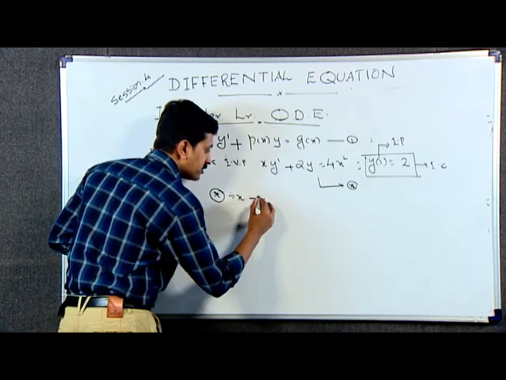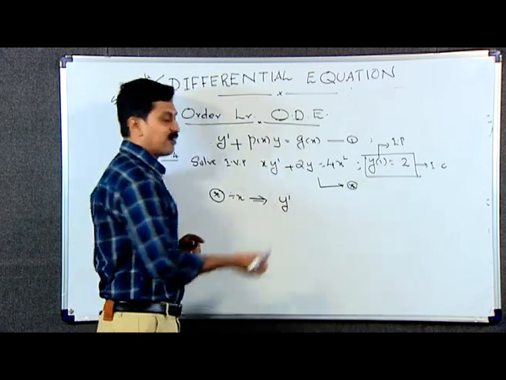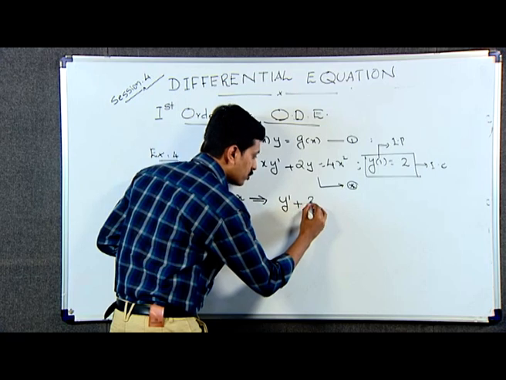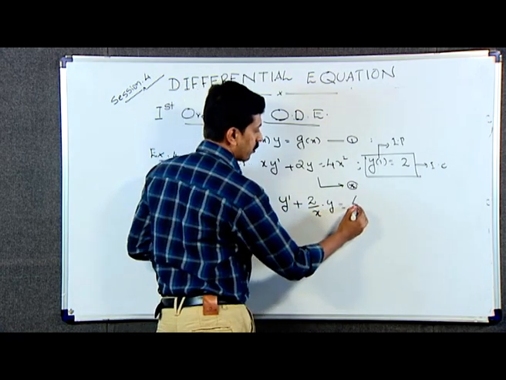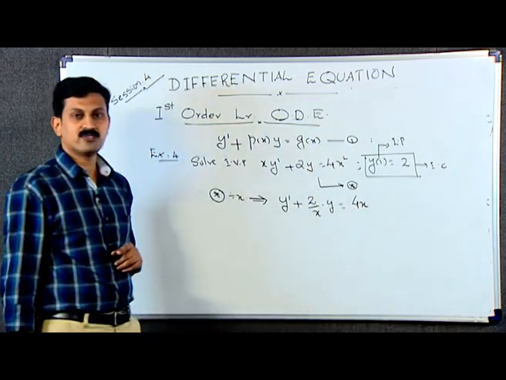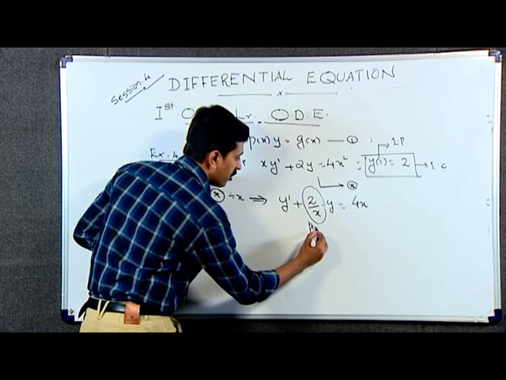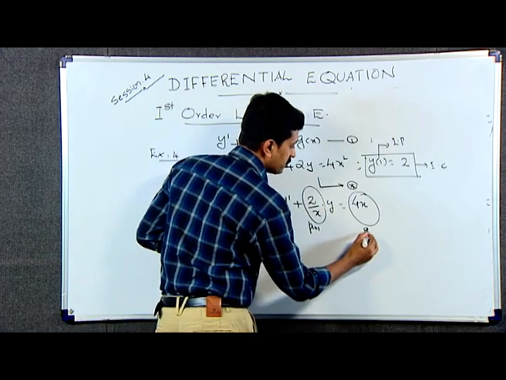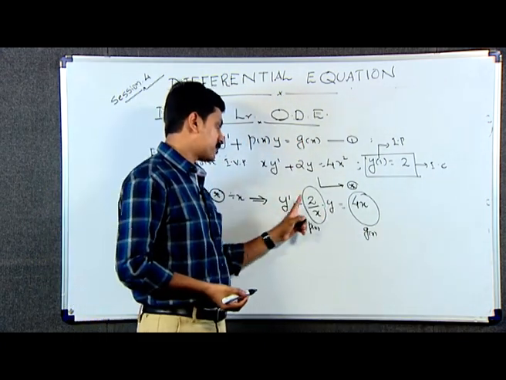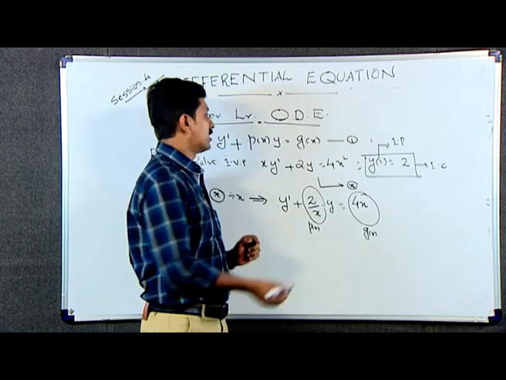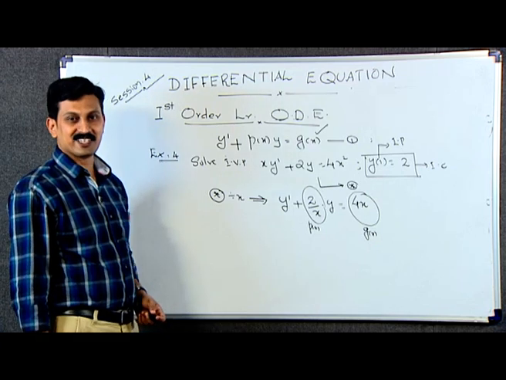What will happen is y dash alone, plus 2 divided by x into y is equal to 4x square by x, which is 4x. Now it is easy to see that this is p of x and this is g of x. Now y dash plus p of x into y is equal to g of x. Now, this is the first order ordinary linear differential equation.